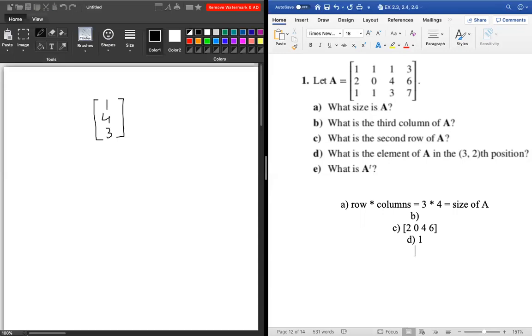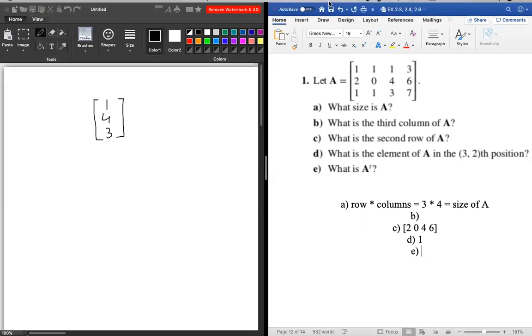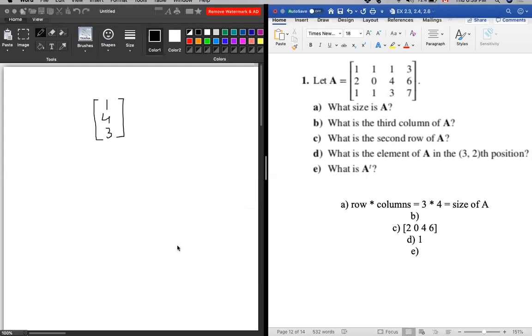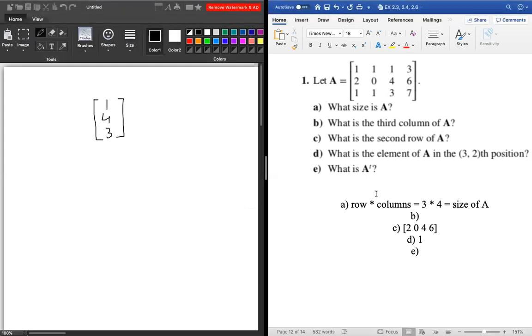Okay, then part E basically asks for A^T. A^T here means A transpose. So they're asking what the transpose of A is. What we do is write the columns as rows in the transpose, and rows as columns.